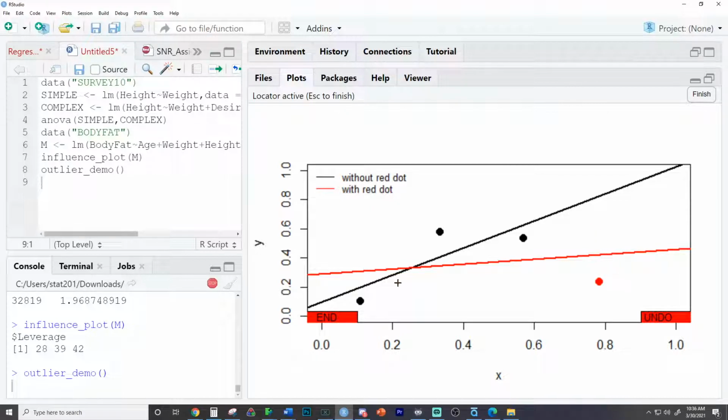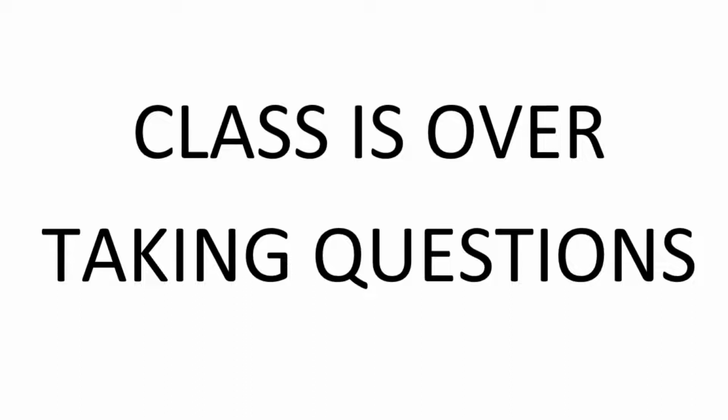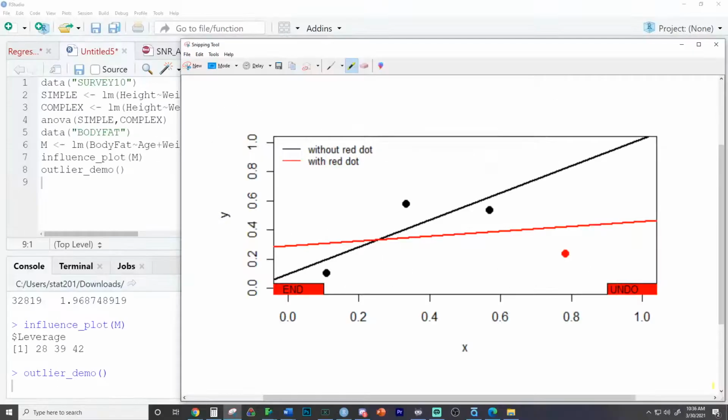So a deleted studentized residual, I'm going to draw it on the screen right here. So this is what a deleted studentized residual is.